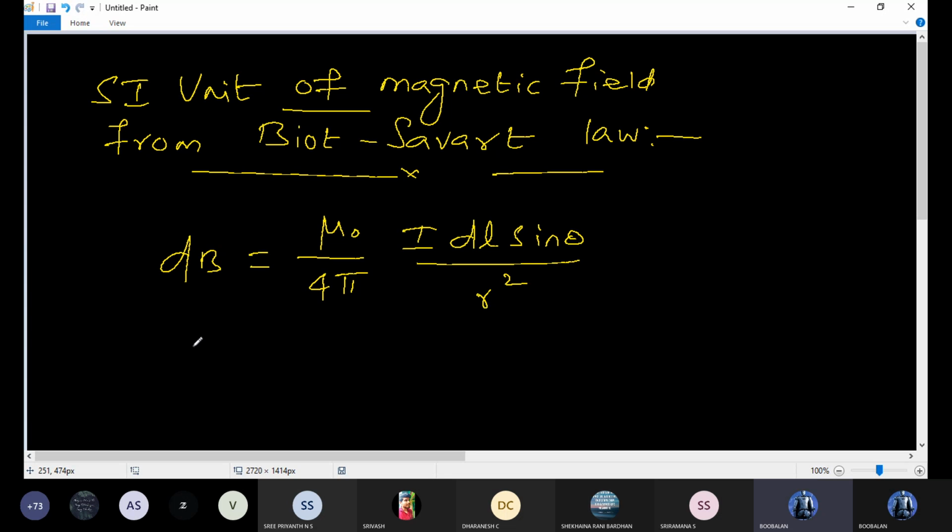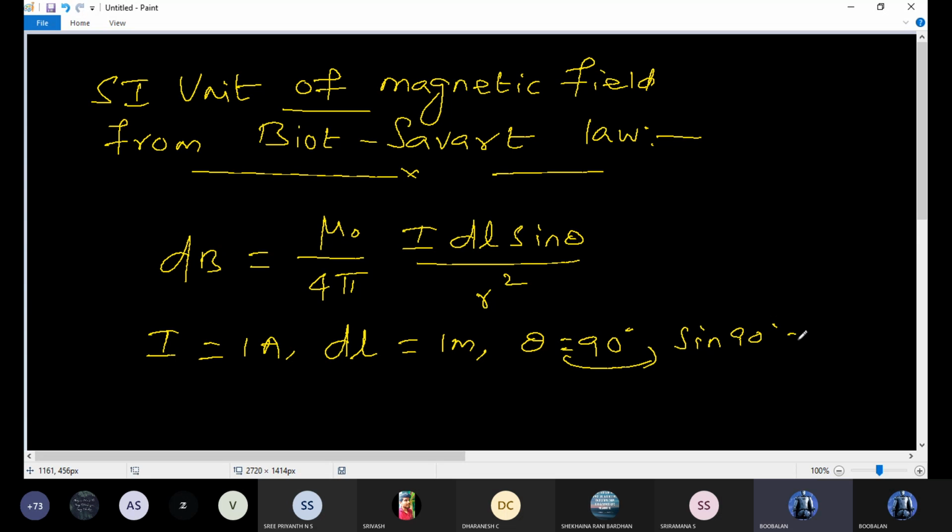Now I'm applying some values. The amount of current is 1 ampere. Next, dl means current element, that is a small distance only. It is also 1 meter. Next, the theta value is 90 degree. What is the sin 90 value? It is 1.